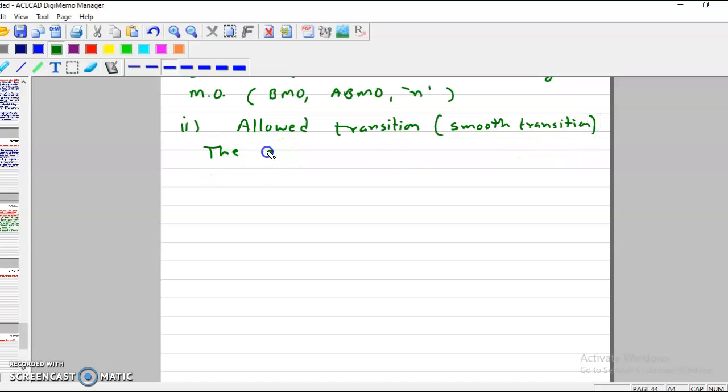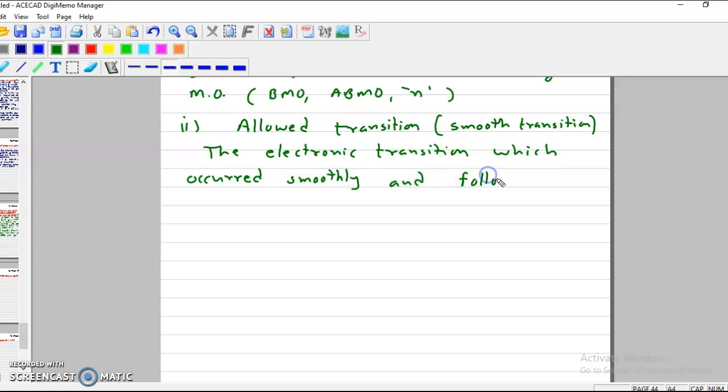The electronic transition which occurred smoothly and follows selection rule is known as allowed transitions.